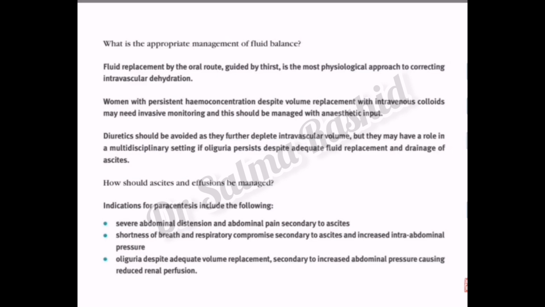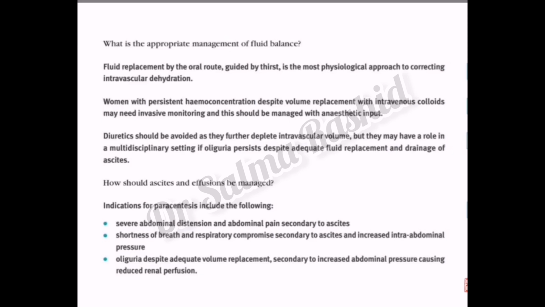What is the appropriate treatment of fluid balance? Fluid replacement by oral route guided by thirst is the most physiological approach to correcting intravascular dehydration. Women with persistent hemoconcentration despite volume replacement with intravenous colloids may need invasive monitoring, and this should be managed with anesthetic input.